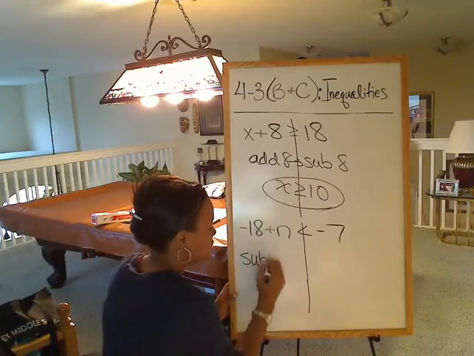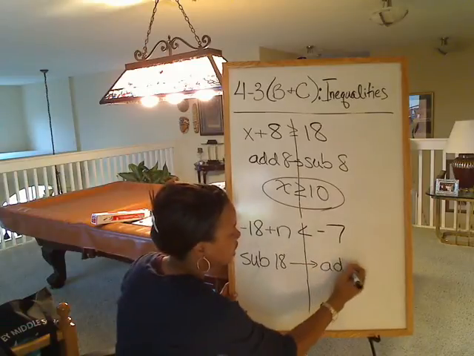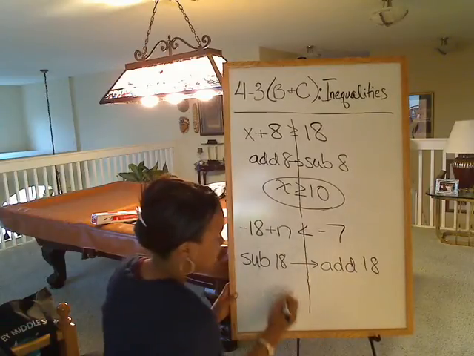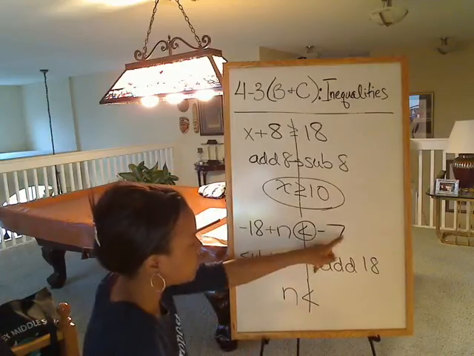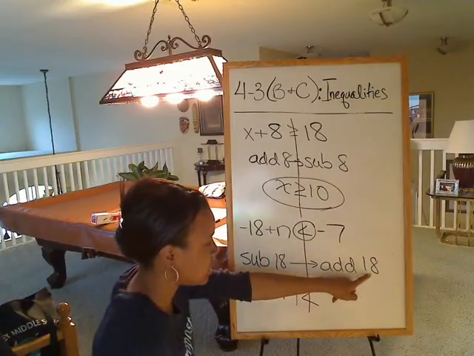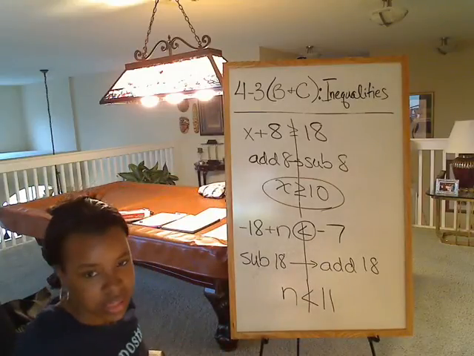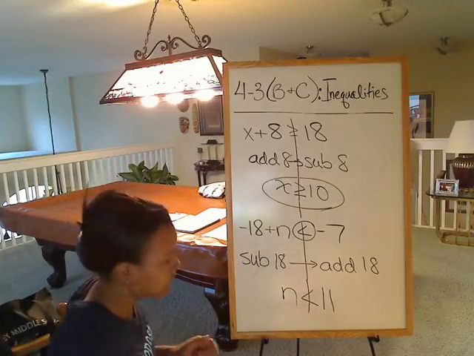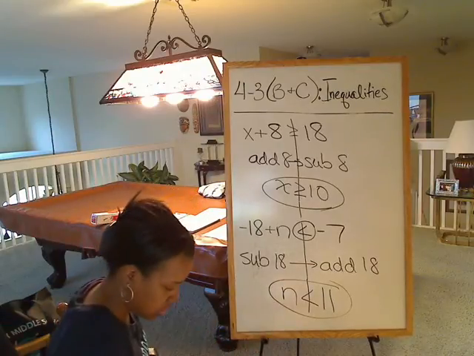So what you're going to do is add 18. And n, keep this, is less than negative 7 plus 18, which is 11. So n is less than 11. Final answer. Okay.